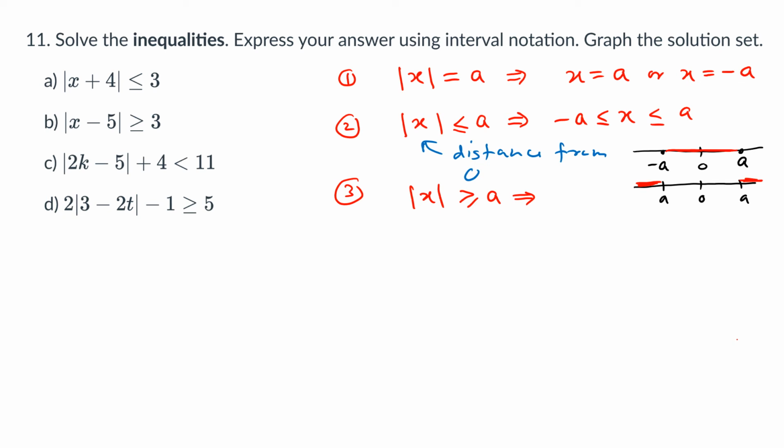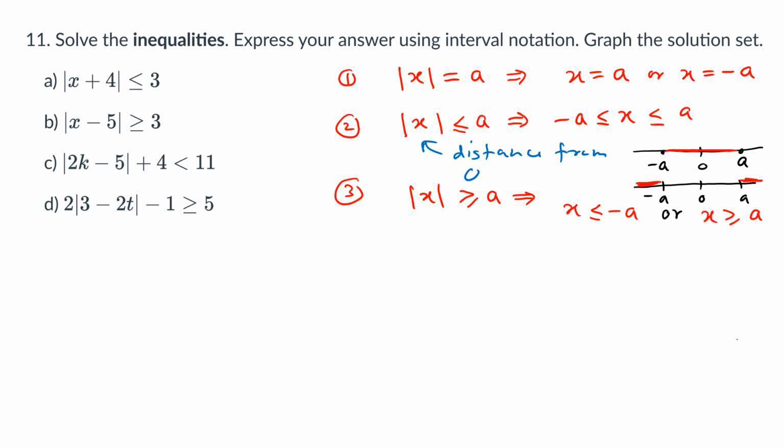Geometry is very easy to understand. So there are two different types of solutions. One solution is x less than or equal to negative a. The other is x greater than or equal to a. That's where the positive and negative come from. It has to be on the left side or on the right side. That's what happens when absolute x is greater than or equal to a. And that's it. Those are the only theories we're going to use to solve absolute value equations or absolute value inequalities.